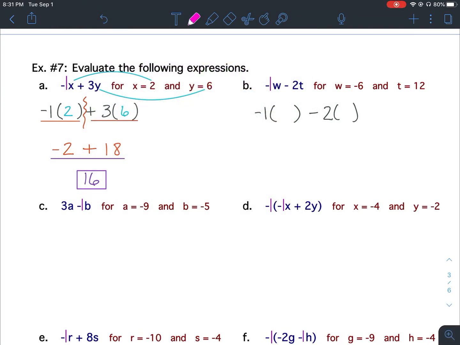All right, let's look at B. For the W, I'm going to plug in -6. And for the T, I'm going to plug in 12. Okay, so -6 for the W and 12 for the T. Start by doing my multiplication.